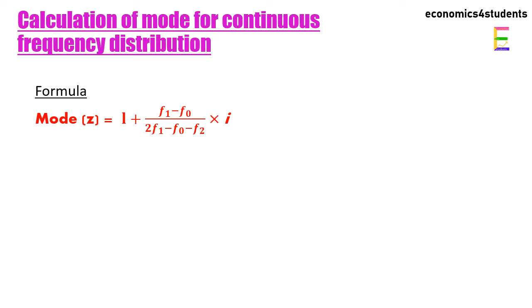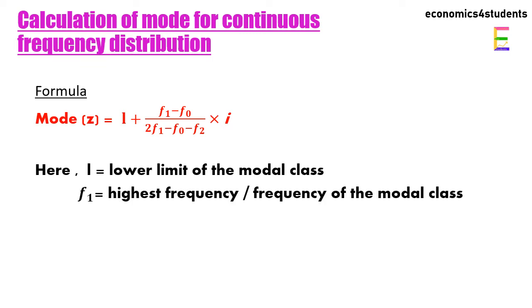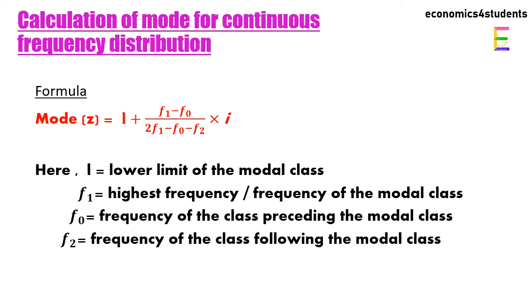Mode is equal to L plus (f1 minus f0) divided by (2f1 minus f0 minus f2) into I, where mode is denoted by Z. L is the lower limit of the modal class, f1 is highest frequency or frequency of the modal class, f0 is frequency of the class preceding the modal class, f2 is frequency of the class following the modal class, and I is width of the modal class.